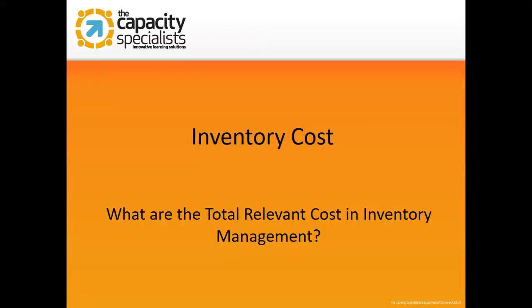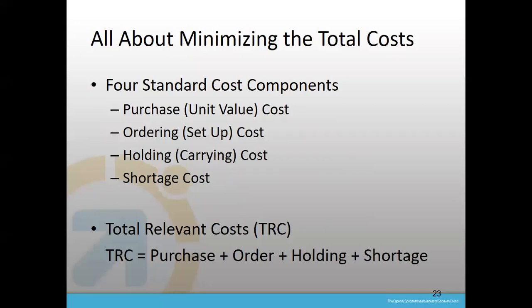Inventory costs, this is what we want to know. What are our costs in inventory? We have 4 standard cost components, and let me go through these. Purchase cost is how much the actual goods cost.